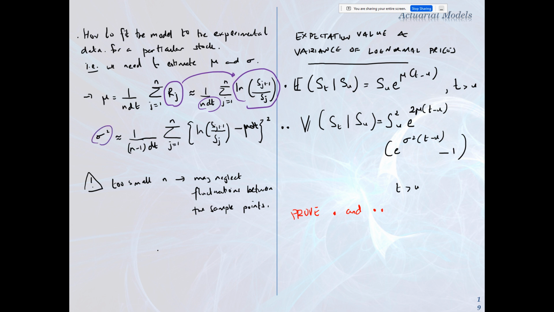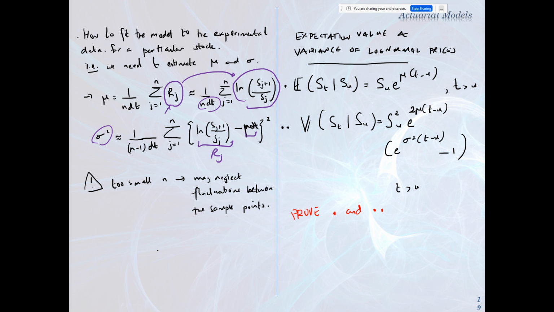Sigma squared, which is the volatility, will in fact be the variance of the log returns. You will see here, these are (R_j minus mu dt) raised to the power of 2, where mu dt is its corresponding mean. So it is the deviation raised to the power of 2, summed and divided by the number of data points. So it is the standard deviation itself of the log return. Good. You won't necessarily be required to do so unless it is done in an assignment, etc.